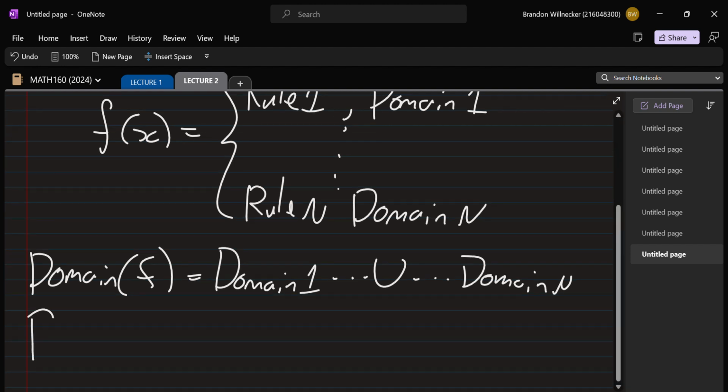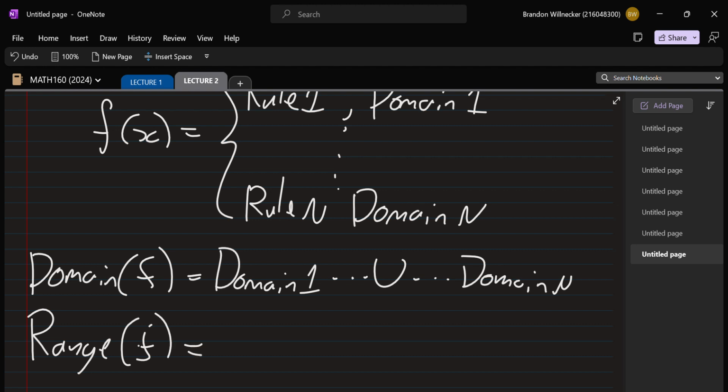What about the range? Well, same thing. We have one piece of the function with some part of the range. We have another piece of the function with another part of the range. If we want the total range, what's the union of all of the pieces?